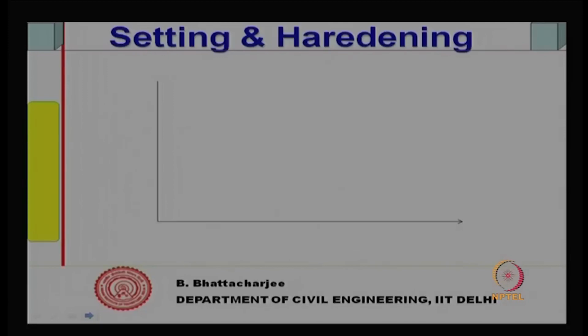So, the penetration of the needle would not have been possible, right, not because of the cement characteristics, but because of the consistency or plasticity of the paste itself. So, plasticity is maintained constant and then setting time is measured, and this plasticity is related to the standard consistency. That is why we have to get standard consistency.